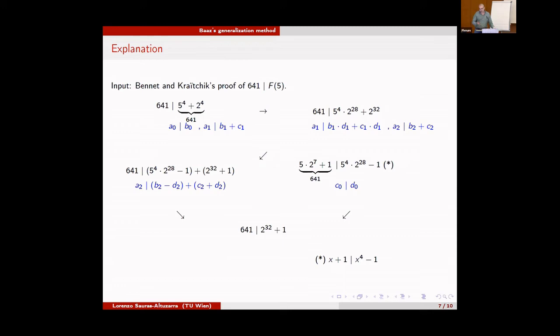So here we generalize it to be, yes, any quantity. And finally, the property that I told, that if you are dividing a sum and one of the summands, then you are dividing the other one.